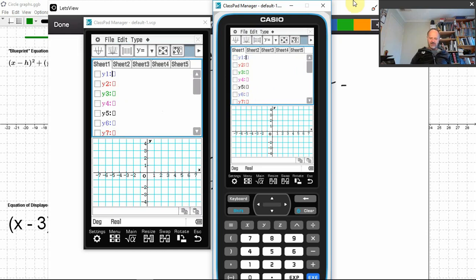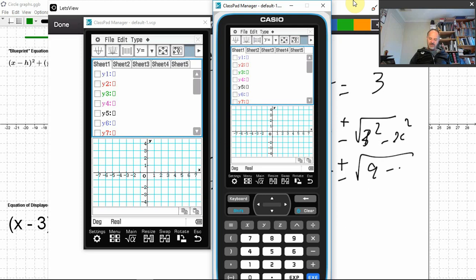So let's say we had a radius of, 9's a bit big, isn't it? With 3, for example. So that'd be 3 squared minus x squared.